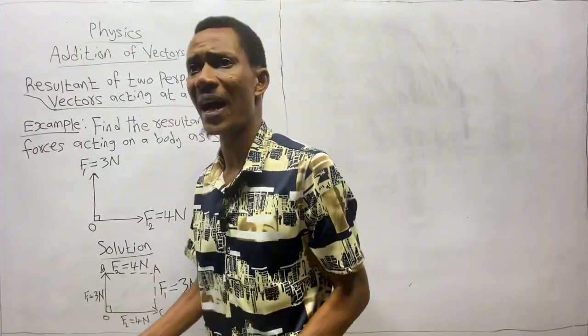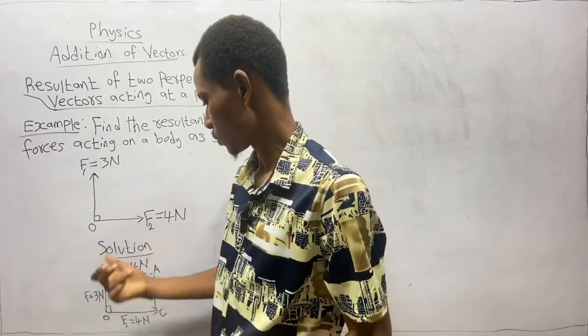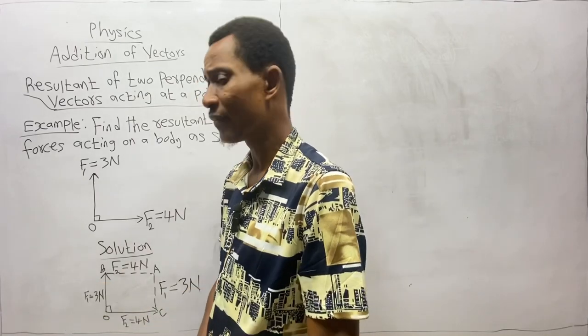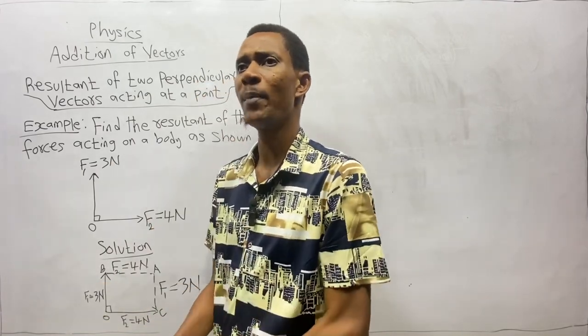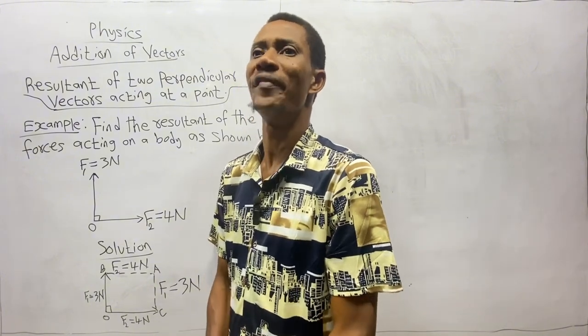So I haven't drawn this parallelogram. The question now is, how do we get the resultant vector of these two vectors? In getting the resultant vector, you must know a particular law called the parallelogram law of vectors.